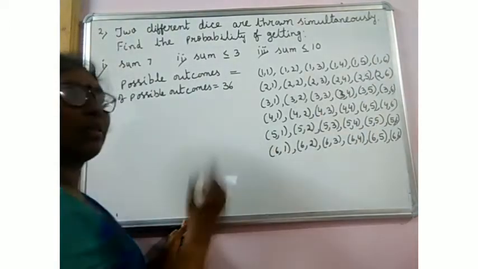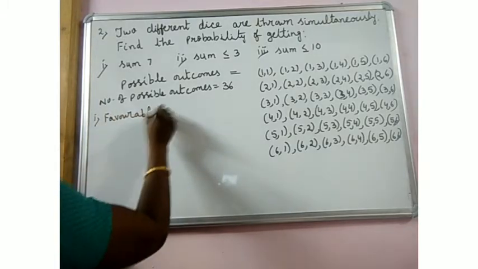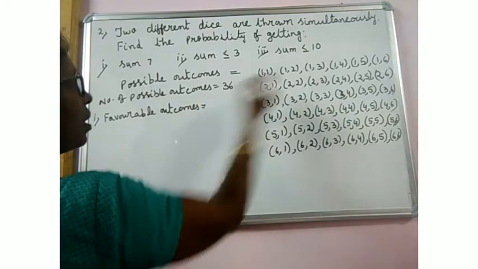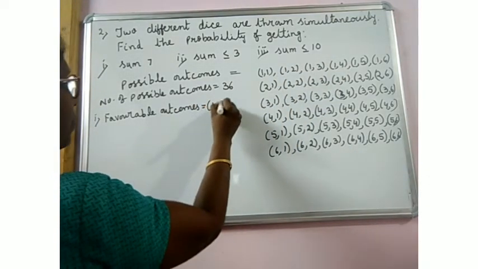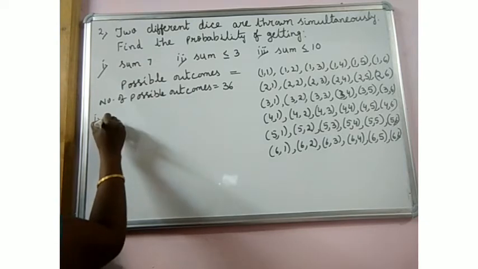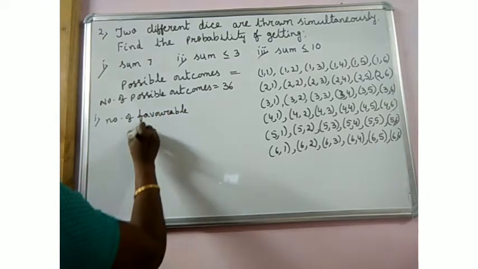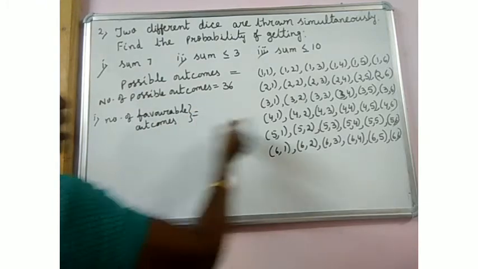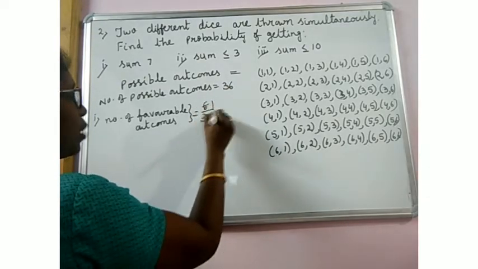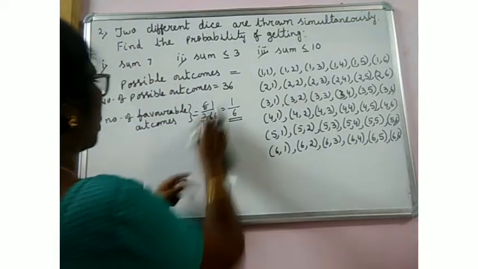So these are the favorable outcomes for sum 7. The number of favorable outcomes is 6.